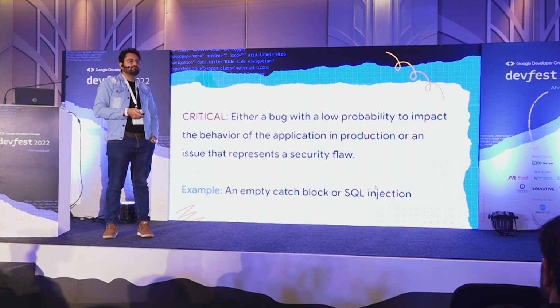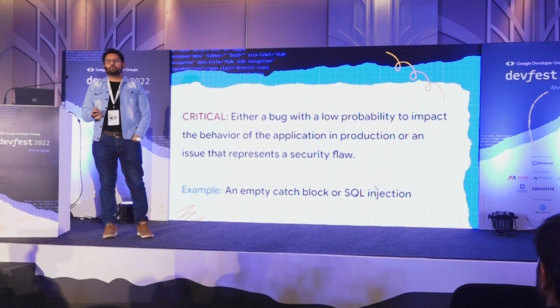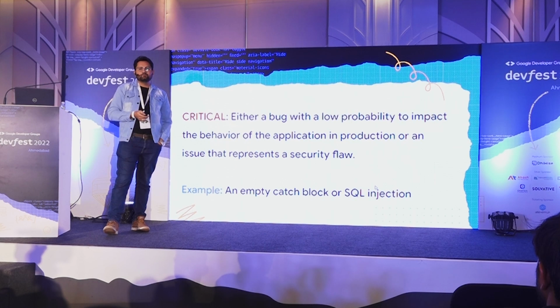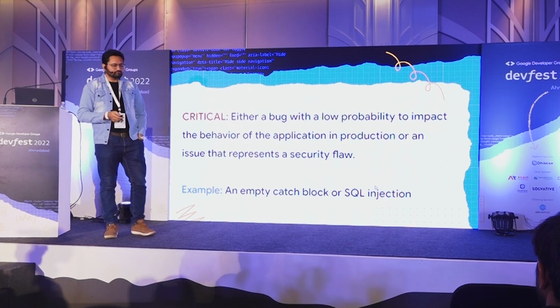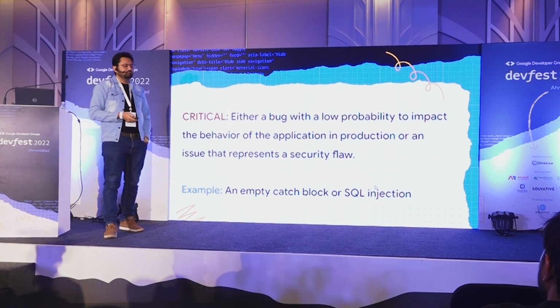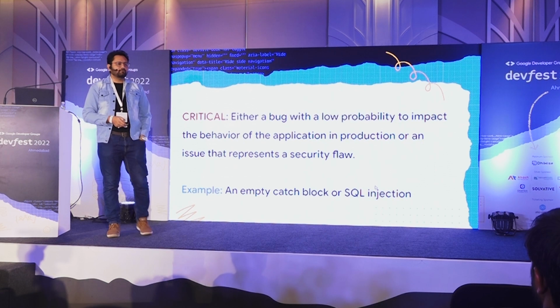Sonar will easily identify these types of issues as critical, and when the dashboard refreshes, your core target is to understand the blocker and critical issues at a very high priority and address them as soon as possible. Examples are an empty catch block, or SQL injection implemented in an improper way.